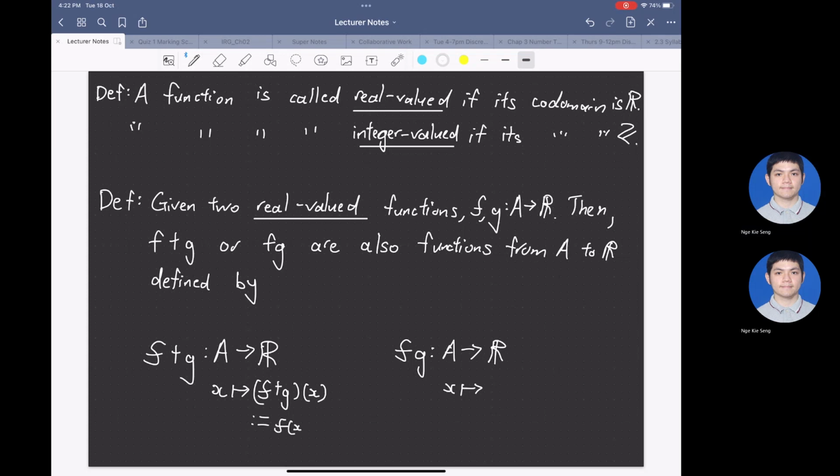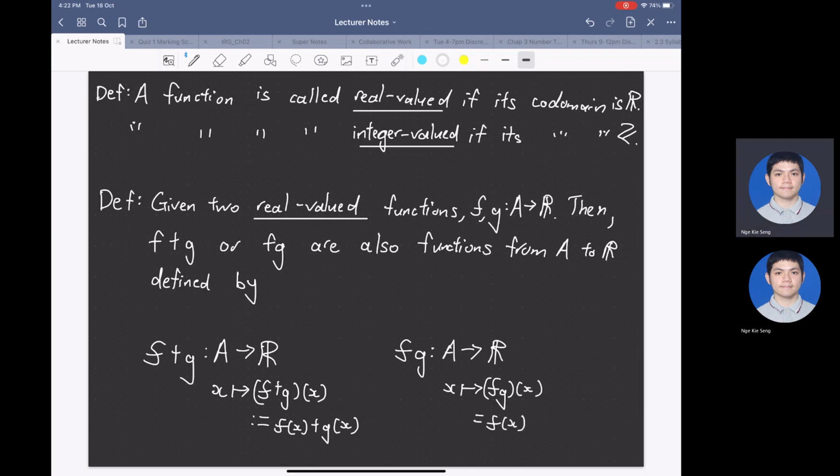(f+g)(x) is f(x) plus g(x). Okay. Similarly, you can define (fg)(x) by f(x) times g(x). Okay. So this is the algebra you have on the function space. So these are well defined, first of all, right?